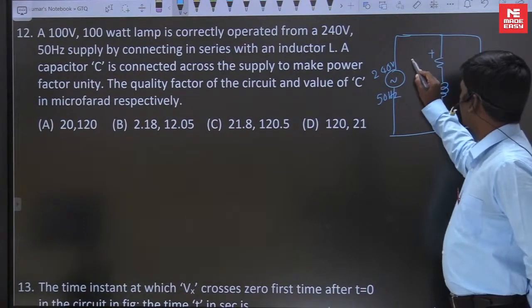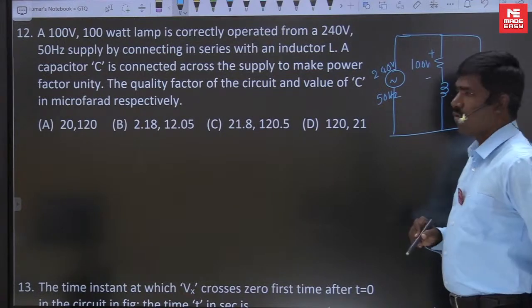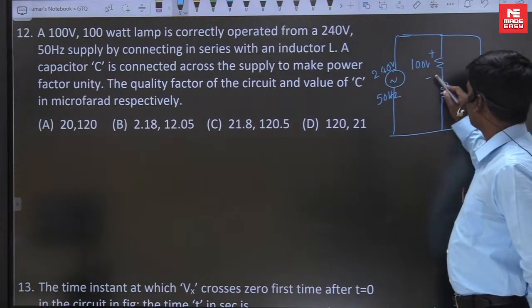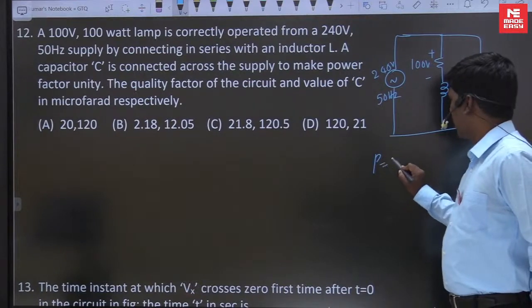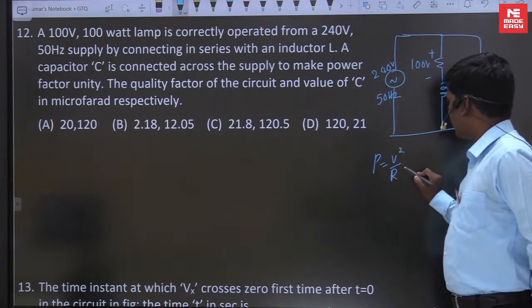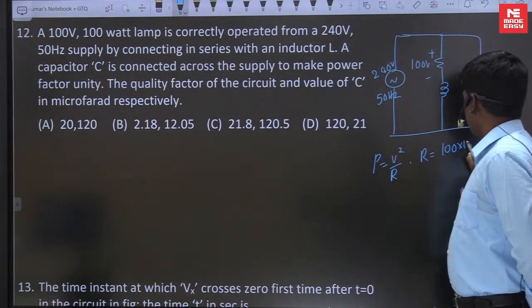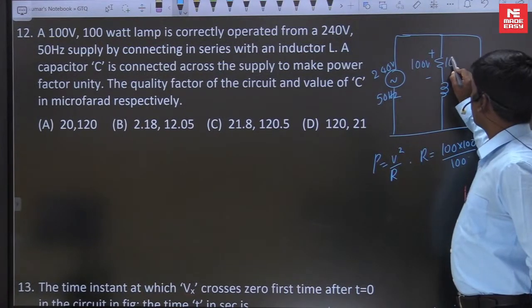The lamp is 100 volts, 100 watts. P is equal to V square by R, so R is equal to 100 into 100 by 100. That gives 100 ohms.